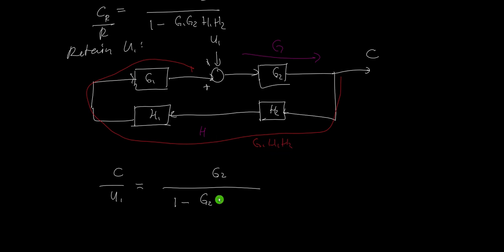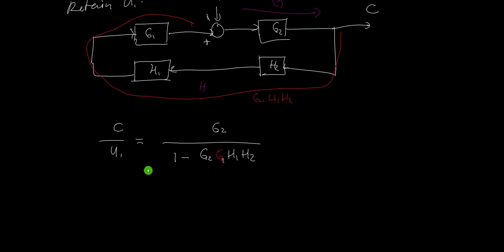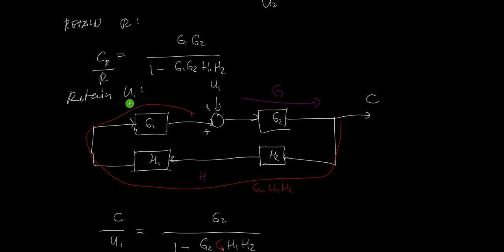So you just multiply that with that one: G1, H1, H2. And that will be our output with respect to U1.